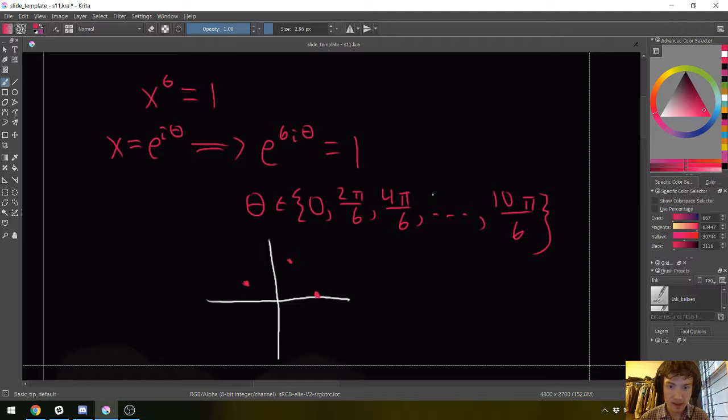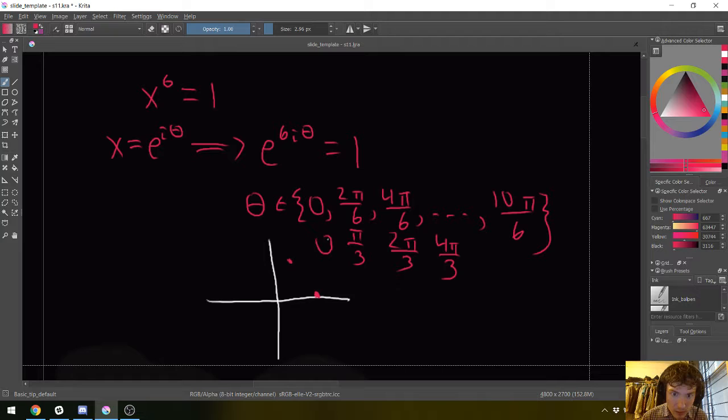Then the next one would be 8 pi over 6, which is 4 pi over 3. Wait, I have too many. This is pi over 3, 2 pi over 3, then 8 pi over 6 would be 4 pi over 3.